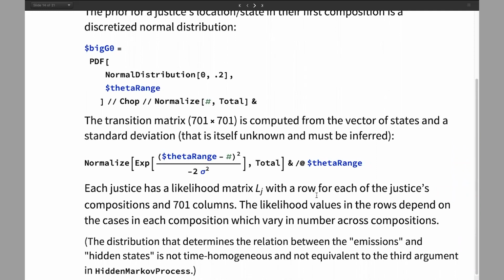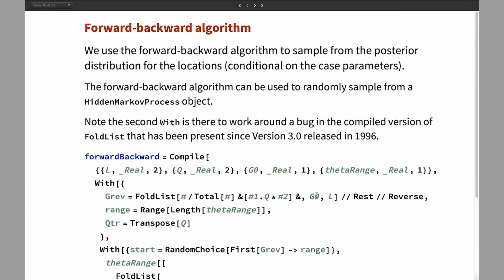Our emissions, therefore, are not time homogeneous, because we may have only a few votes in one composition for a given justice and hundreds of votes in another. And we have to construct the likelihood from that, and there isn't a simple formula to do it. So we do that on the fly, for our case.